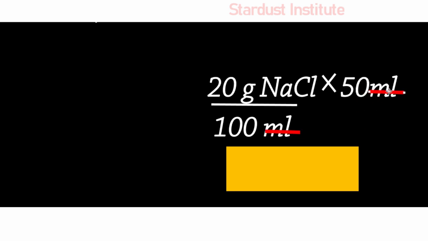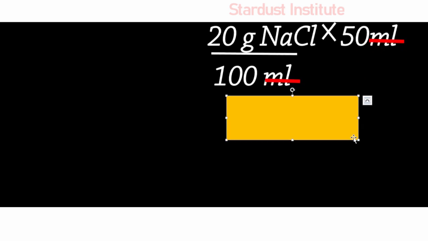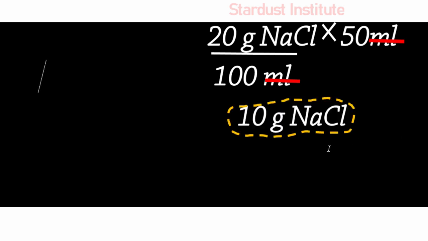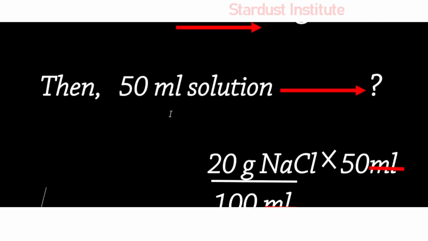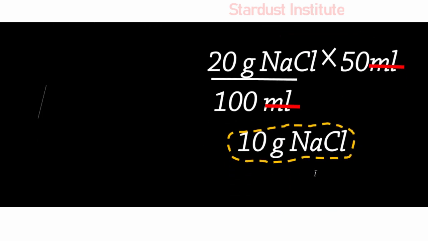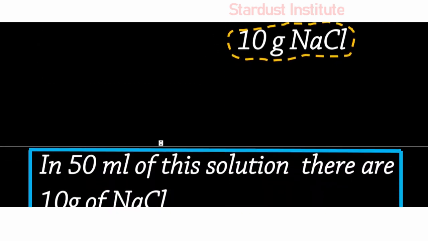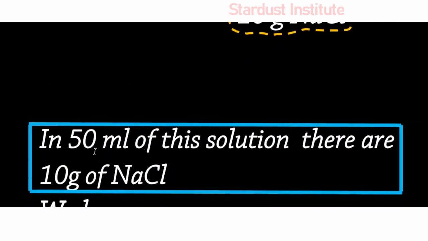Then we get 10 grams of sodium chloride. In 50 milliliters of this solution, there are 10 grams of sodium chloride.